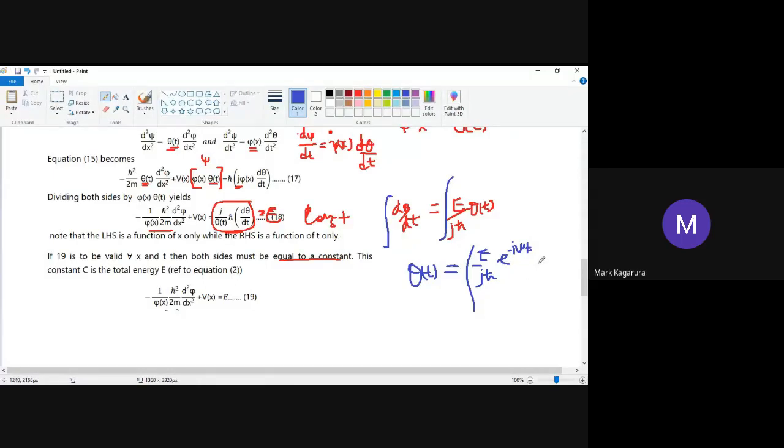Now that's good. That means it's going to be with respect to dt. Now integrating that is going to give you the time dependent Schrodinger equation.